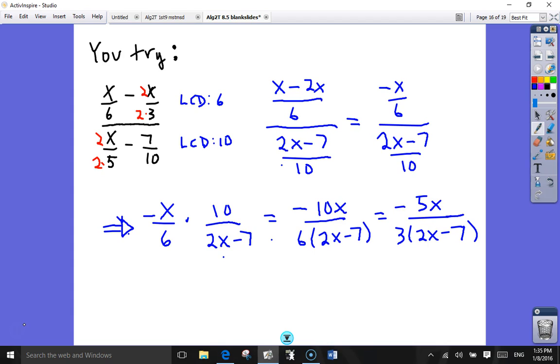But we just found the least common denominator for these 2, which is 6, and for these 2, which is 10. Multiply by 2 over 2 to get that. And then those were like terms, so they had to be combined in a negative x over 6. And then dividing by a fraction is like flipping and multiplying. And there was a little bit of simplifying to do here, because 2 goes into 10 and 6.